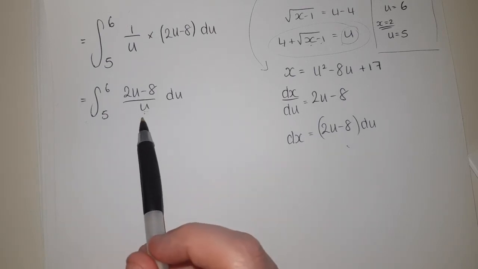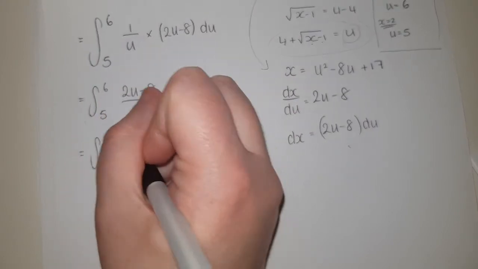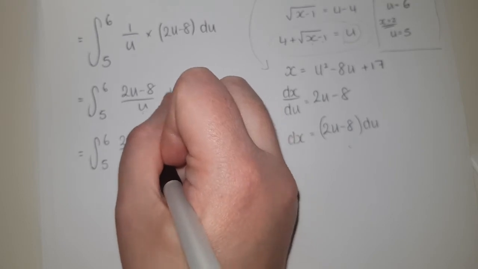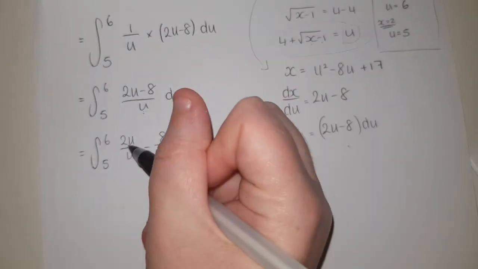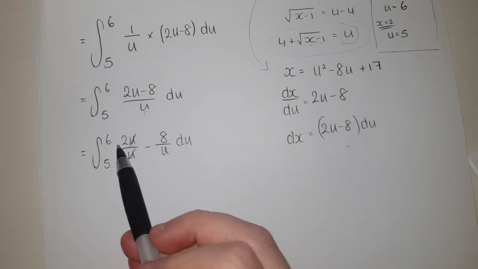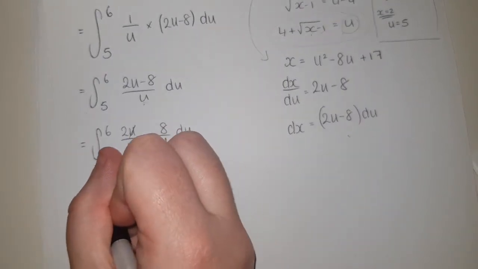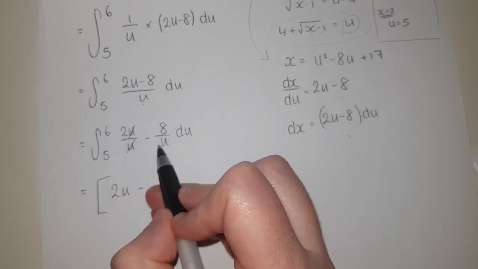Instead, because it's only a single term on the bottom, I can split it into 2 separate fractions, which are both nice and easy to deal with. This u just disappears, so I've actually just got 2 minus 8 over u. Now, if I integrate 2, I get 2u. And if you differentiate u, you get 1.